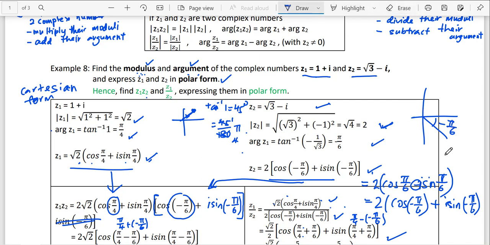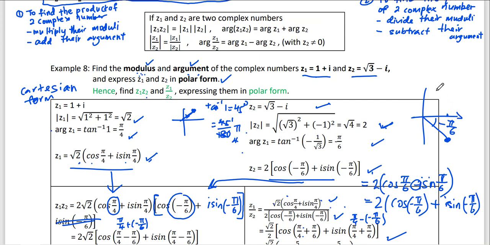If you draw this complex number, it should be here, because root 3 is positive, and negative 1 at the bottom. So here, at the fourth quadrant.